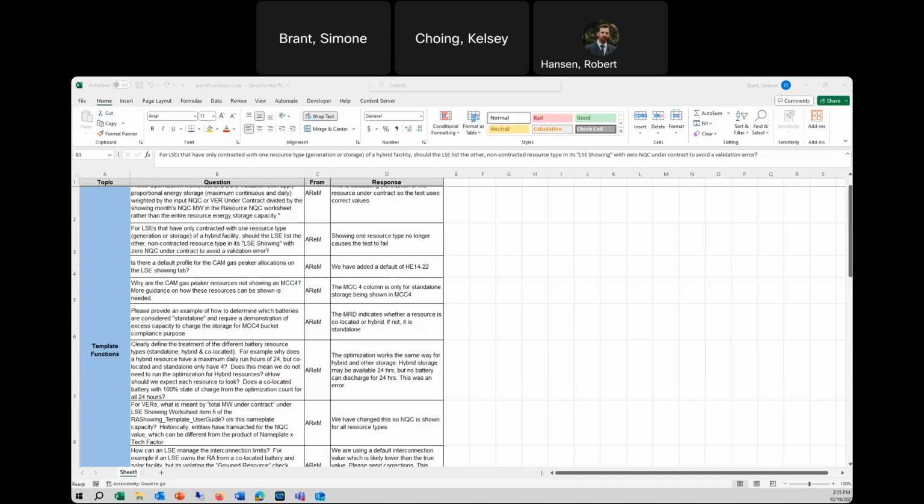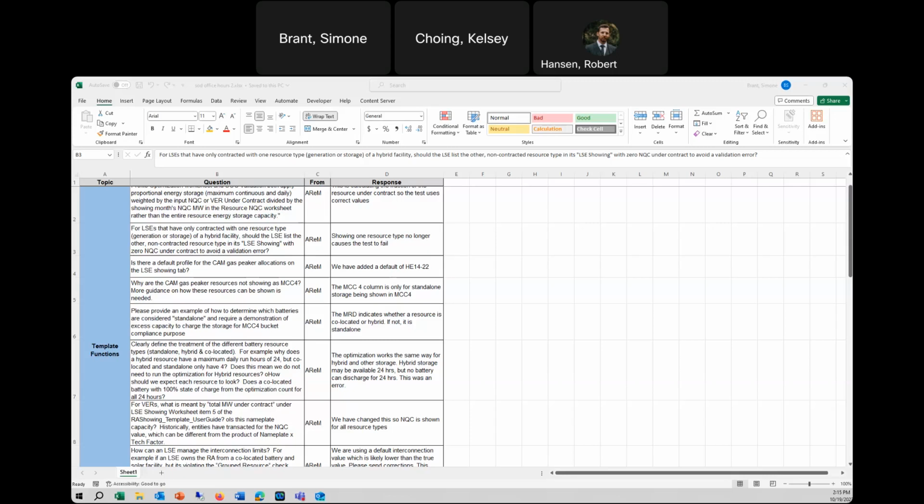Elon? A previous question. If a battery is co-located or hybrid, it can count as bucket 4 without needing to demonstrate that there's excess generation in order to charge it. Yep, that's correct.